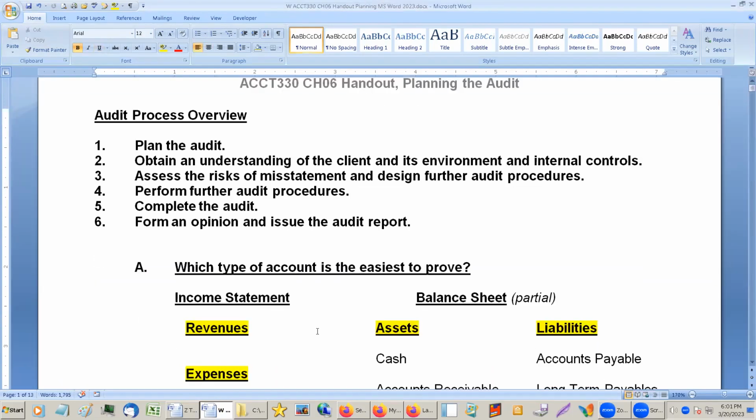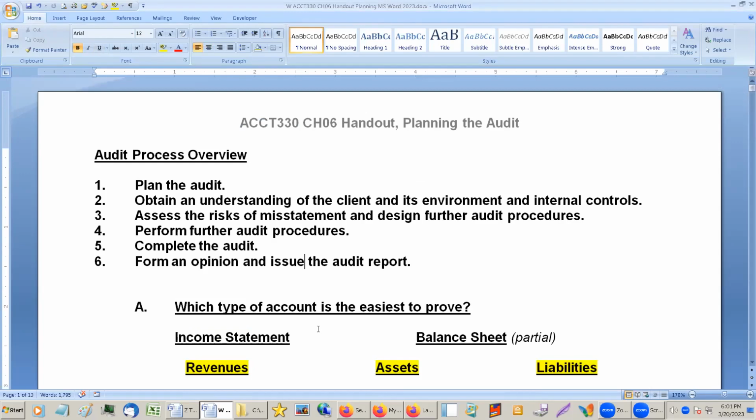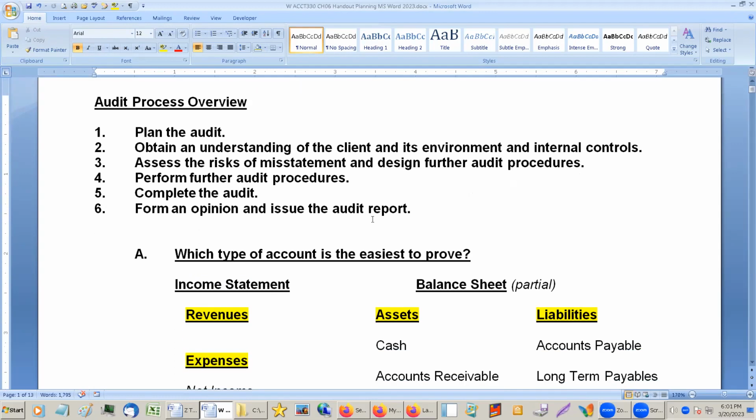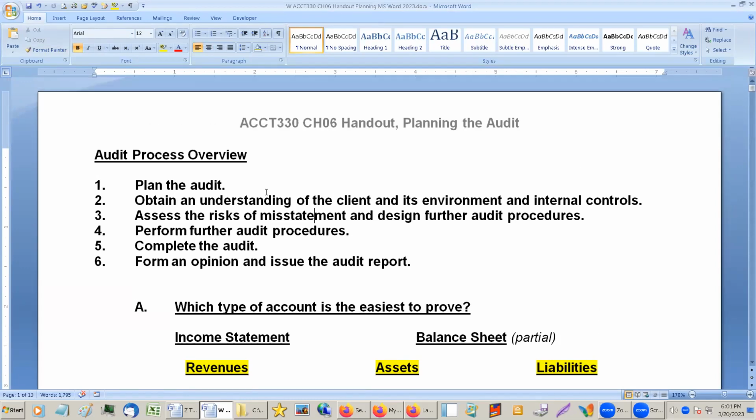All right. And by the way, one of the things I hope that happens here is that hopefully the rest of this makes more sense. The auditing makes sense.